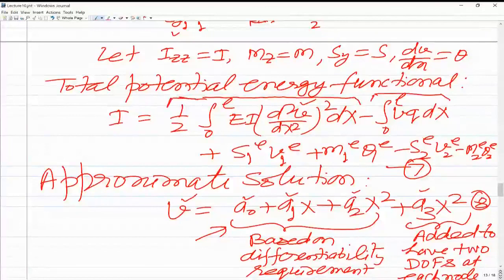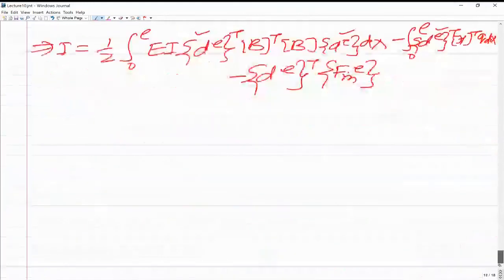You need to look at the earlier lecture notes or the video, where we discussed in detail how we arrive at the total potential energy functional for the Euler-Bernoulli beam element. So the first term is strain energy, the second term is the potential of the externally applied distributed force q, and these are the potential energies of internal forces: shear force S1 and bending moment M1 at the left side, and shear force S2 and bending moment M2 at the right side.